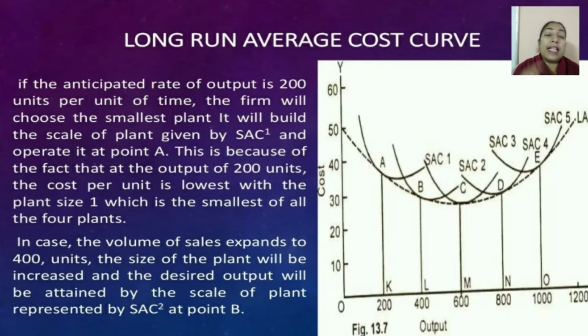Now, if sales expand the volume to 400 units, the plant size will be increased, and the desired output will be attained by the scale of plant represented by SAC2 at point B. Again at point B, SAC2 has the minimum cost.